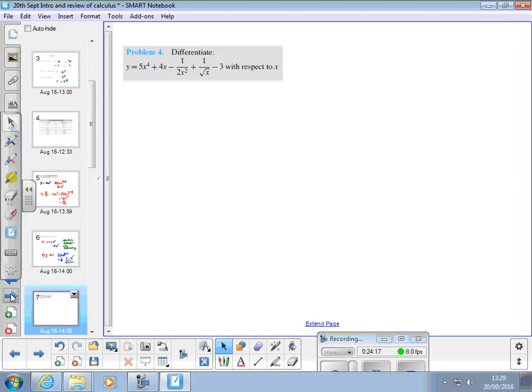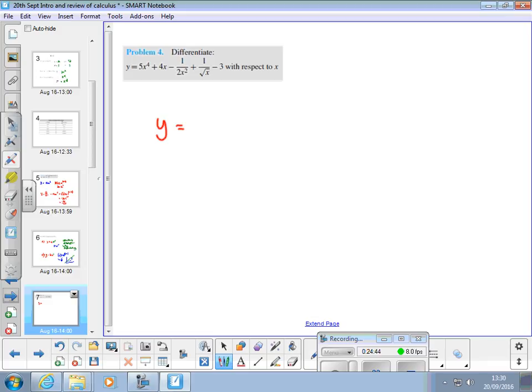Problem 4. Differentiate 5x to the 4 plus 4x plus 1 over 2x squared plus 1 over root x minus 3 with respect to x. What have we got to do with that first? So let's rearrange it then. Do we need to do anything with 5x to the 4?